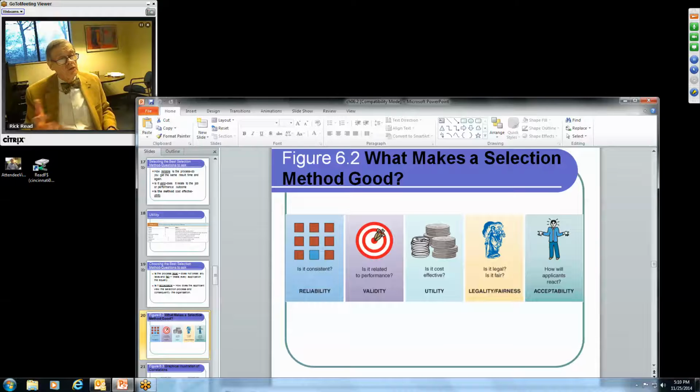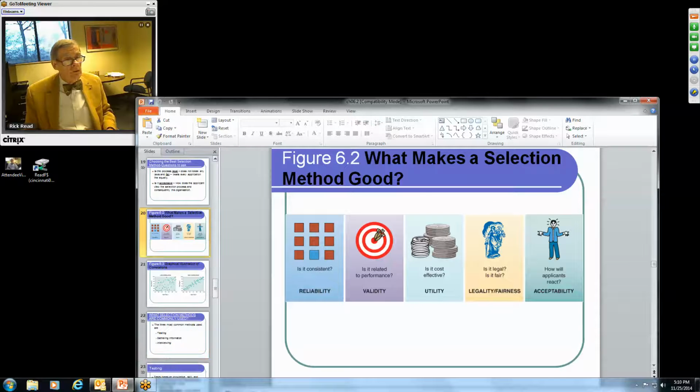Reliability, validity, utility, is it cost effective, legal and fair, as we mentioned before, and are the applicants going to feel it is acceptable to them? Now, we've talked about reliability, we've talked about validity, and I'm going to repeat them one more time, and maybe I'll do it again when we talk about the interviews in a couple of weeks.